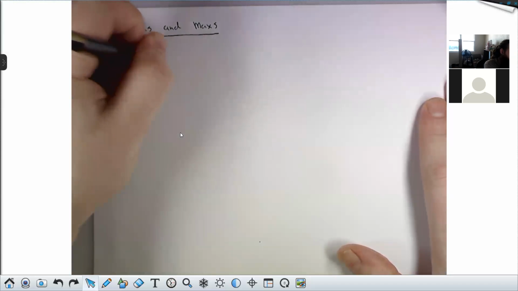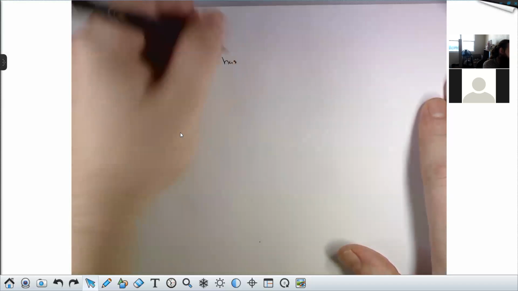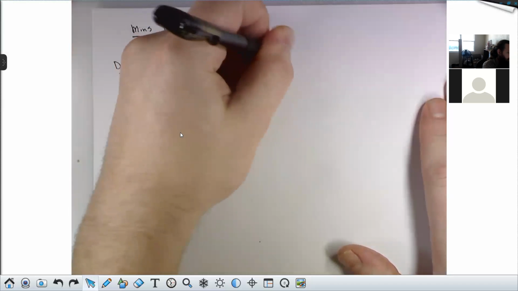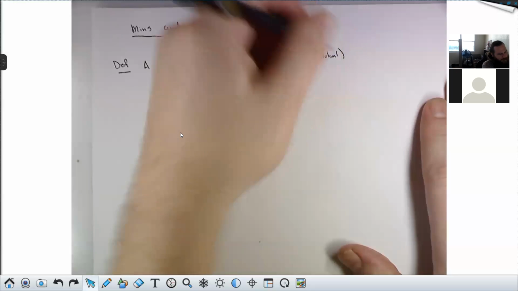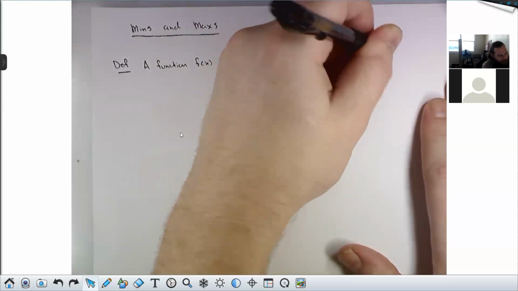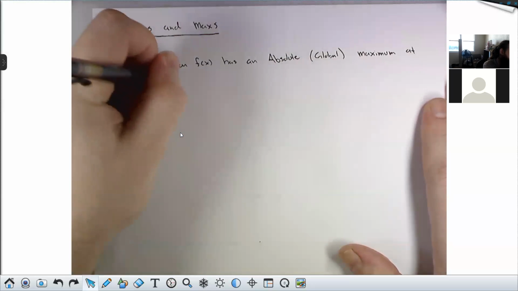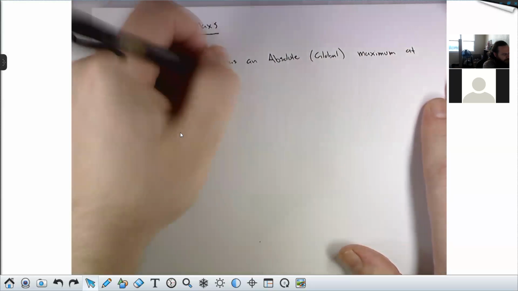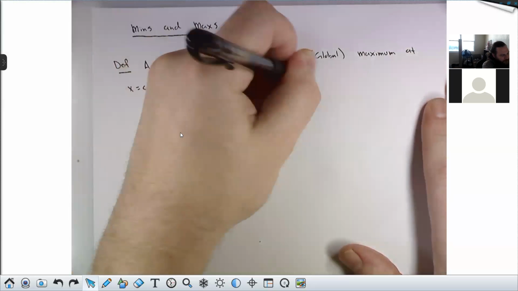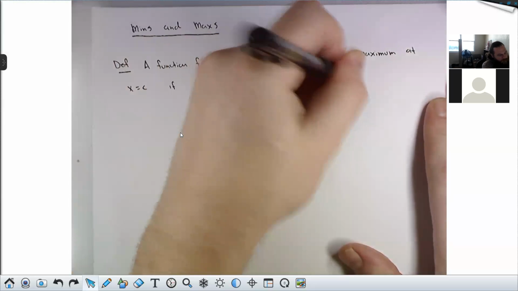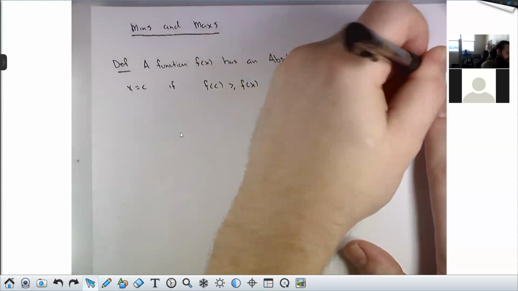A function f of x has an absolute, another word for this is global, maximum at x equals c if f of c is greater than or equal to f of x for all x in the domain of f.